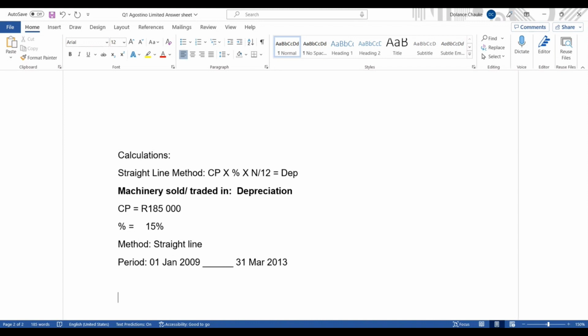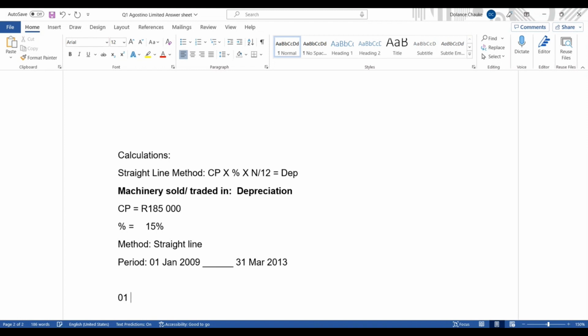Okay, so now we are going to calculate depreciation for the year 2009. So let's do that. I'm just going to start with the date and then do the calculations.